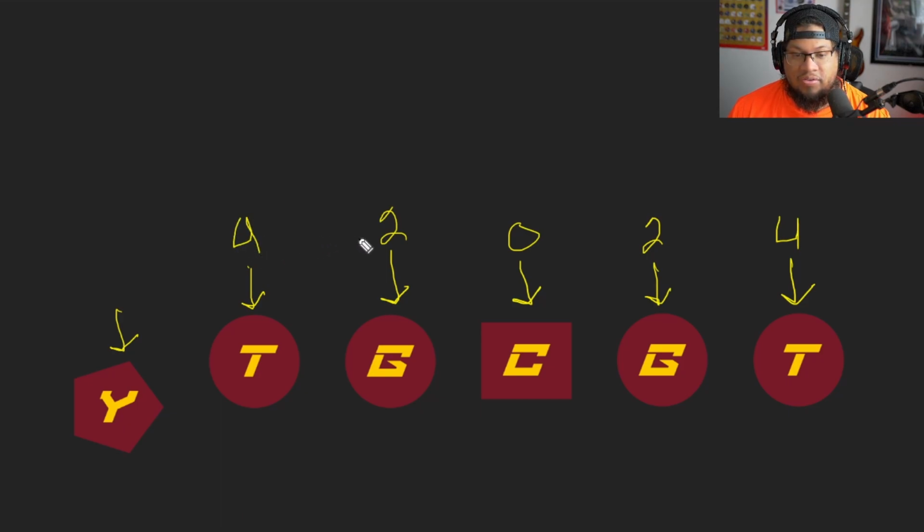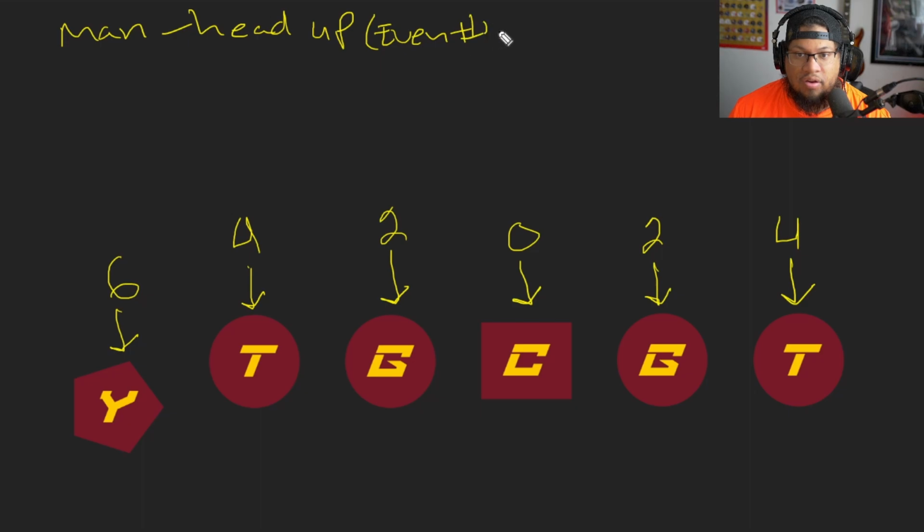Same thing with the tackles, they'll be known as a 4. So the guards would be a 2, the tackles would be a 4, and this tight end would be known as a 6. So anything that's man or head up is even numbers.